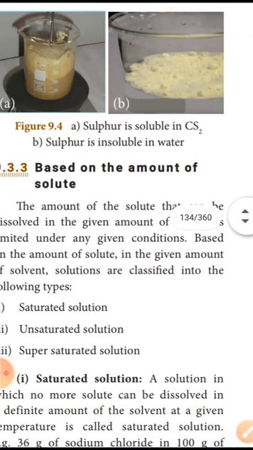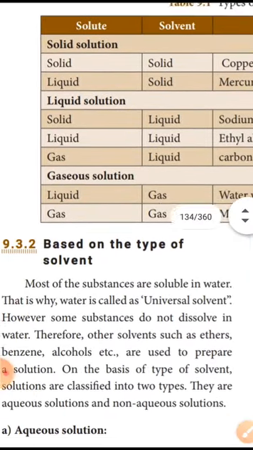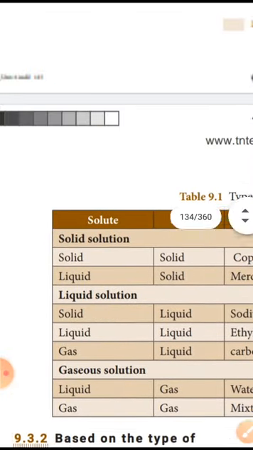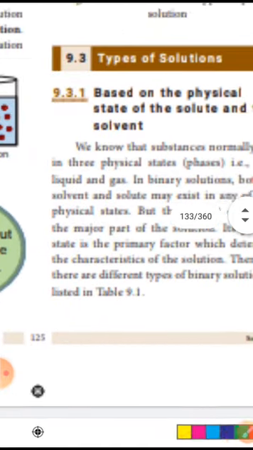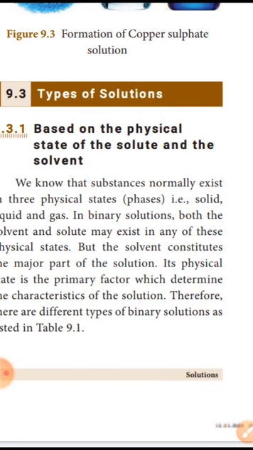Okay, what are the types of solution? The solution based on amount of solute, the solution based on type of solvent, and the solution based on physical state of solute and solvent. Is it clear? So totally three types of solution: based on solute and solvent, based on solvent, based on solute.